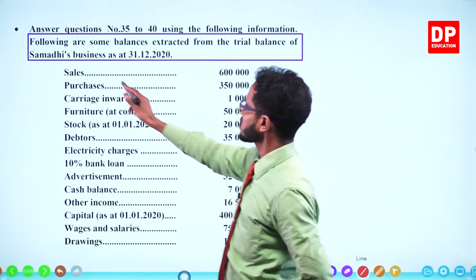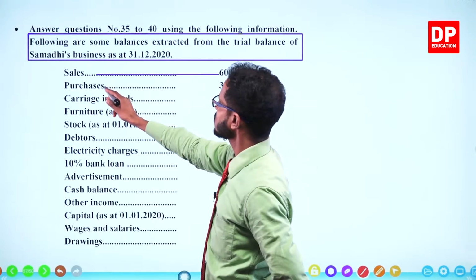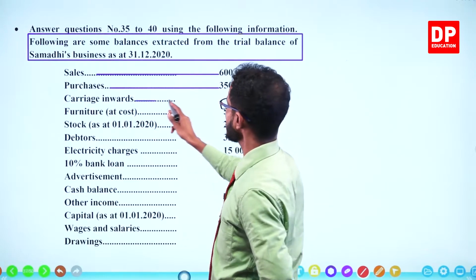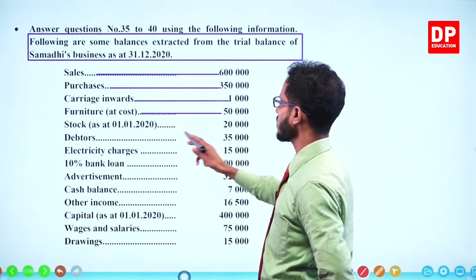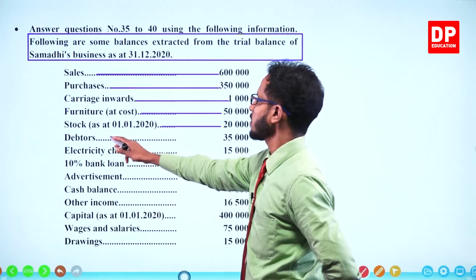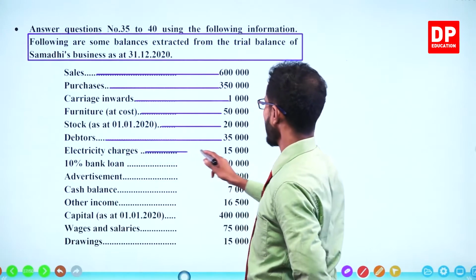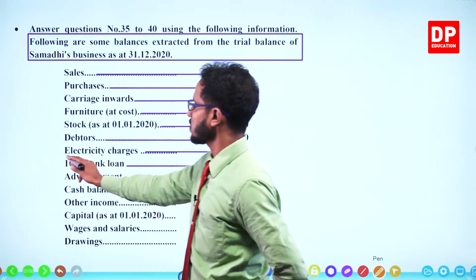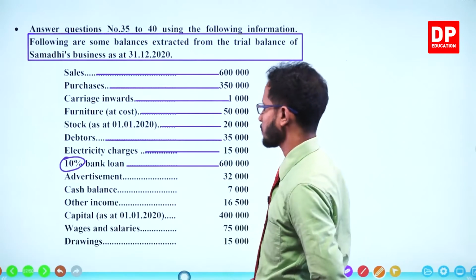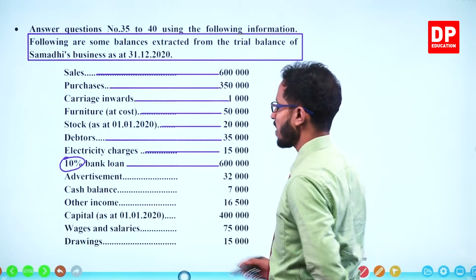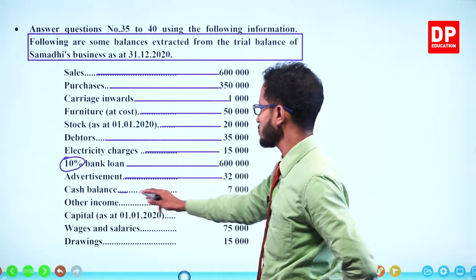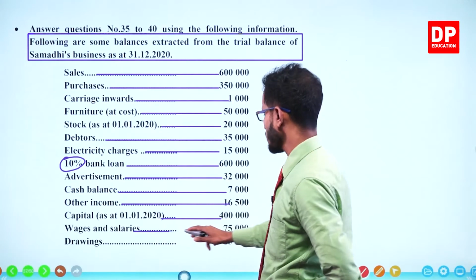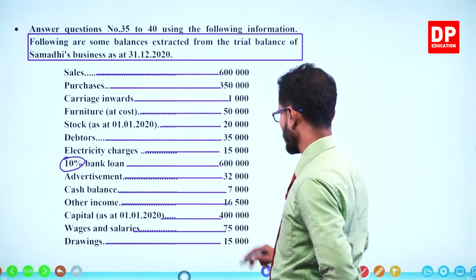We have sales 600,000, purchases 350,000, carriage inwards 1,000, furniture at cost 50,000, stock 20, that is the opening stock, debtors 35, electricity 15, bank loan 600,000.